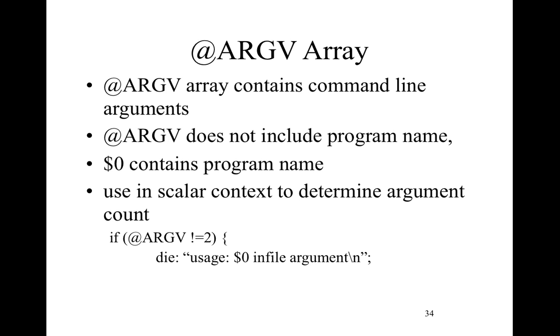So @ARGV is an array. It doesn't include the program name, where it does in C, which is interesting. So in C, 0 contains the program name, and then 1 is the first argument, and 2 the second argument. So using scalar context to determine argument count: if @ARGV doesn't equal 2, and they didn't add 2 arguments in there, we're going to print out something about the usage.